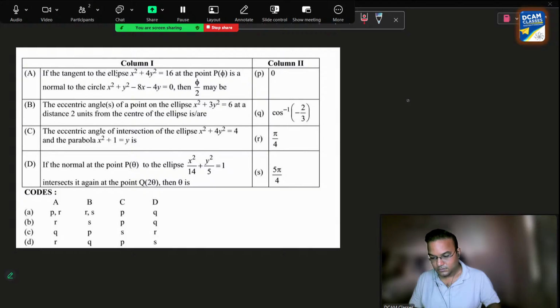So here, how to solve the B and C part? You got the A part.